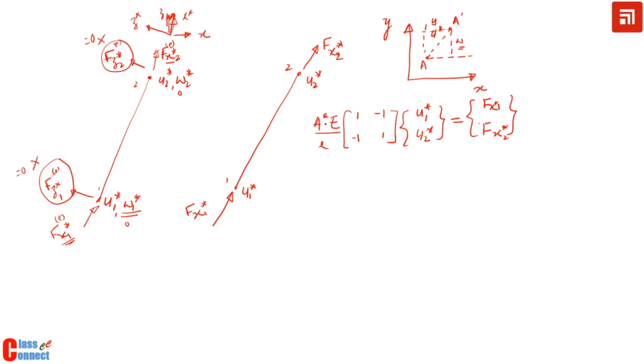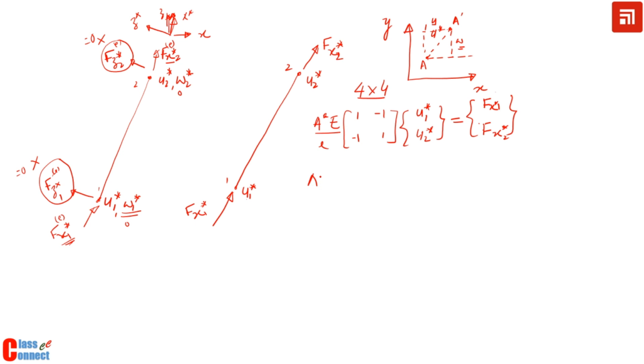So now this is in local coordinate system, but we understand that there are 4 degrees of freedom for this, and our element stiffness matrix should be 4 into 4. So now we are just writing this equation in 4 into 4 form. So how can I write?